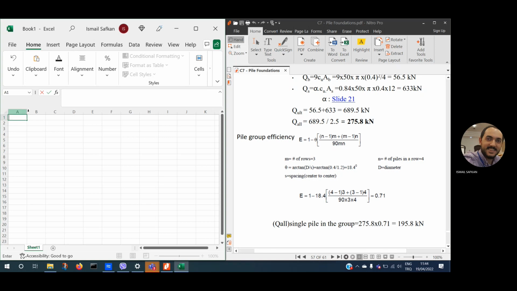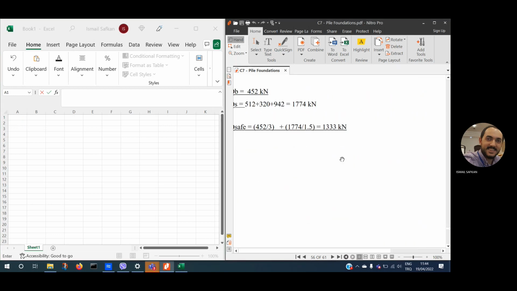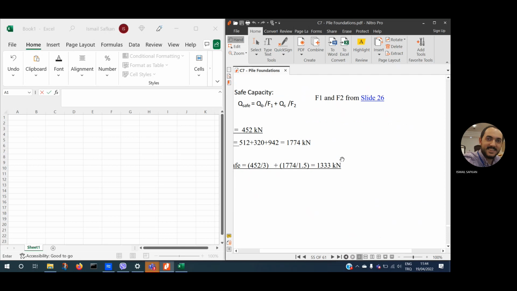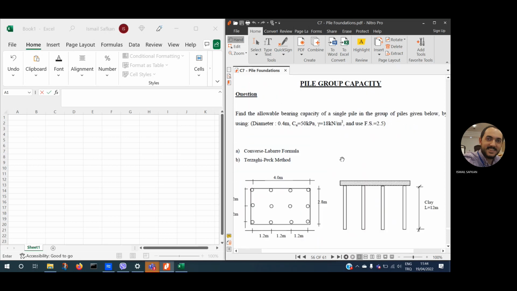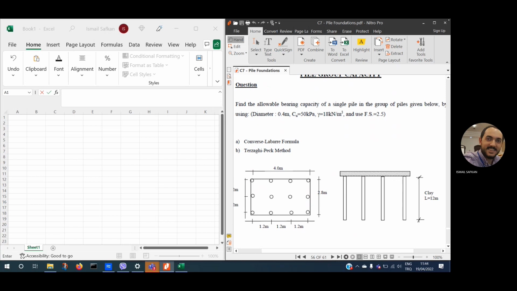Okay, let's say the building, the same plan. I will utilize the same example.